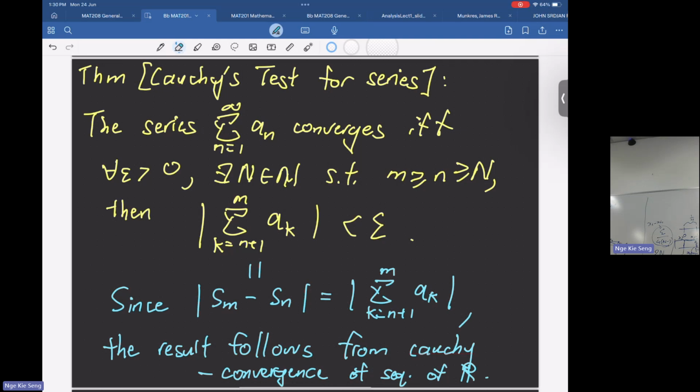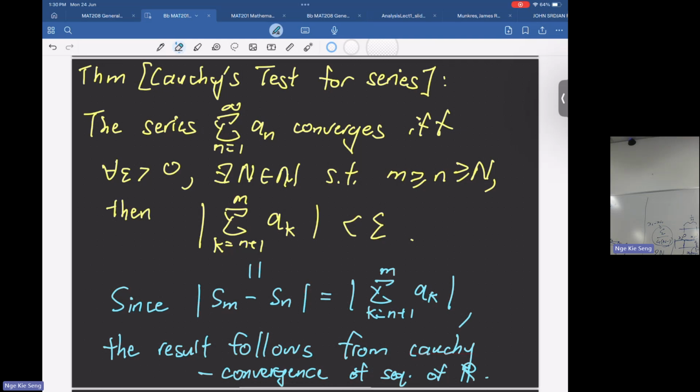Make sense, internalize, right? Okay? Everyone follow this argument here? I will write down the full argument inside my lecture notes, but the idea is you should use the Cauchy convergence of sequences of real numbers. Why? Because if you regard S_n as a sequence of real numbers and you want to say the sequence converges, then for m, n greater than N, S_m minus S_n should be less than epsilon.